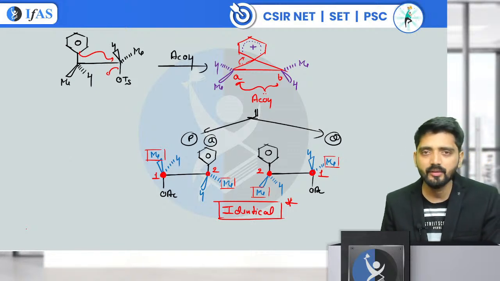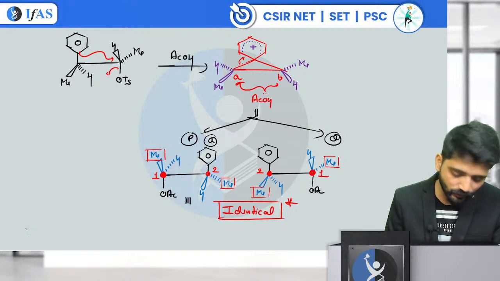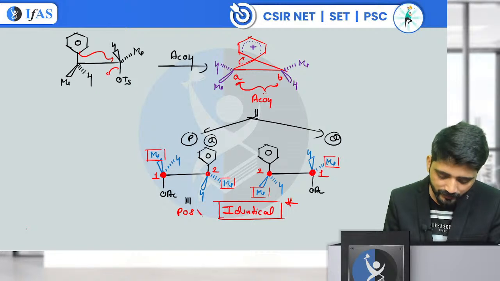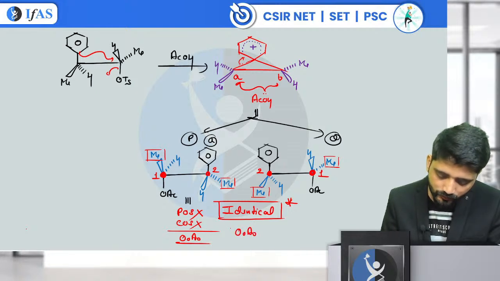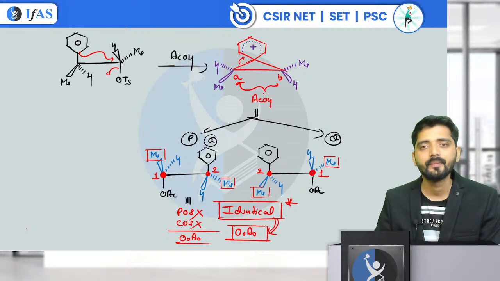See, both are similar products, so I can find whether this product is optically active or not. What we find is this does not have any plane of symmetry, and this does not contain any center of symmetry. It means it is optically active. So the final solution is also going to be optically active.